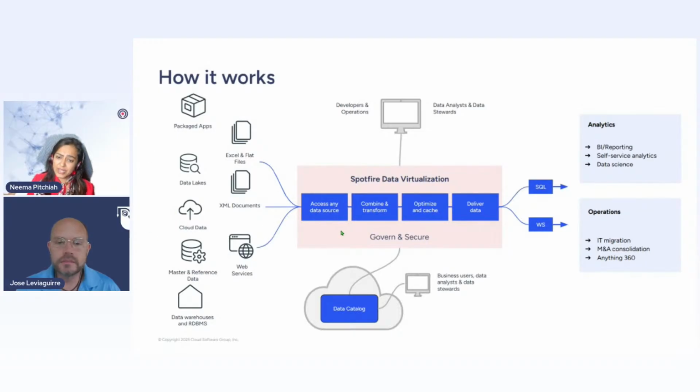and then it transforms the data. If you need to make any calculated columns or aggregate some data, it lets you combine all of it with the ANSI SQL standard format. It lets you optimize and cache. DV has an amazing SQL engine that is built to optimize your data sources and cache.